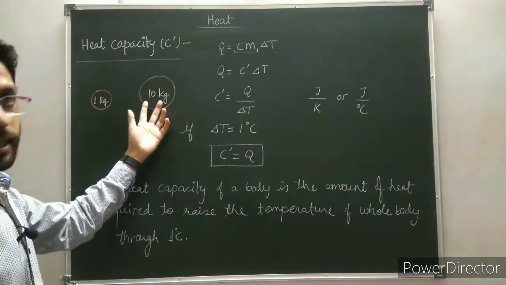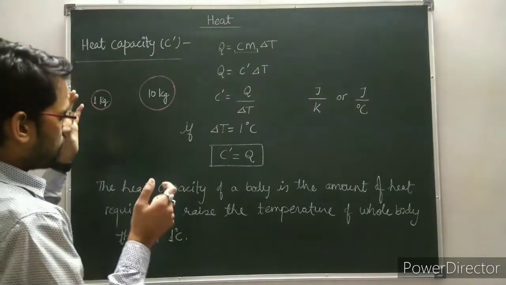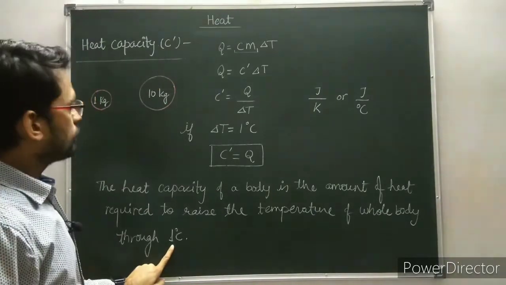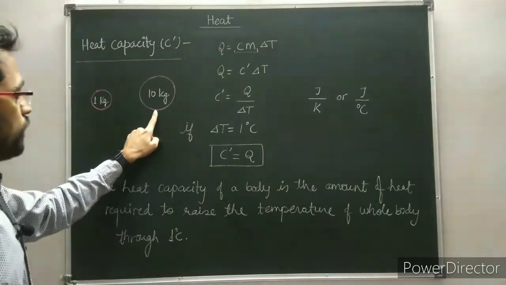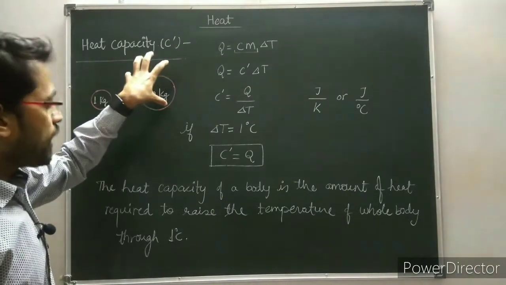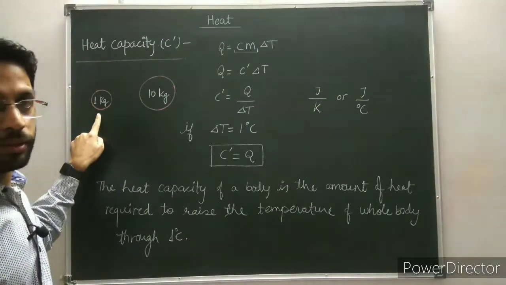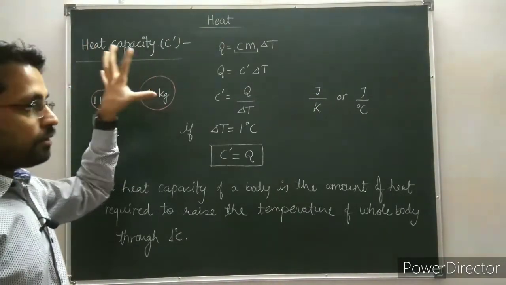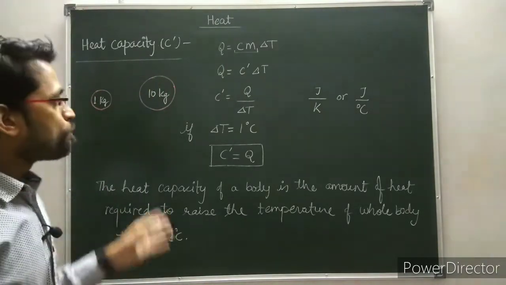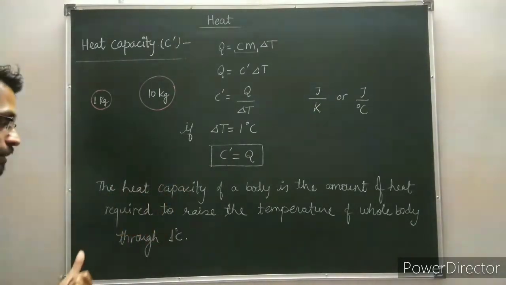Obviously the 10 kg ball, because we have to raise the temperature of the whole body through 1 degree Celsius. So this body will require more heat. It means this body has more heat capacity than the 1 kg ball. So greater the mass, greater is the heat capacity. This is the logic behind heat capacity.